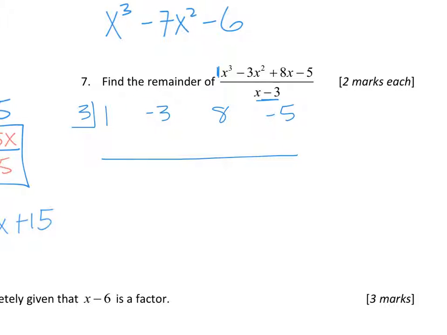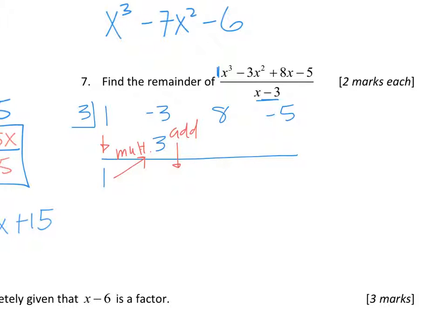All right, leave a line in between and then draw a line to get our answer underneath it. The first number comes straight down, so we've got 1. Then we multiply this 1 with the 3 up on the side, so we get positive 3. So we multiply to go up, we add to come down.